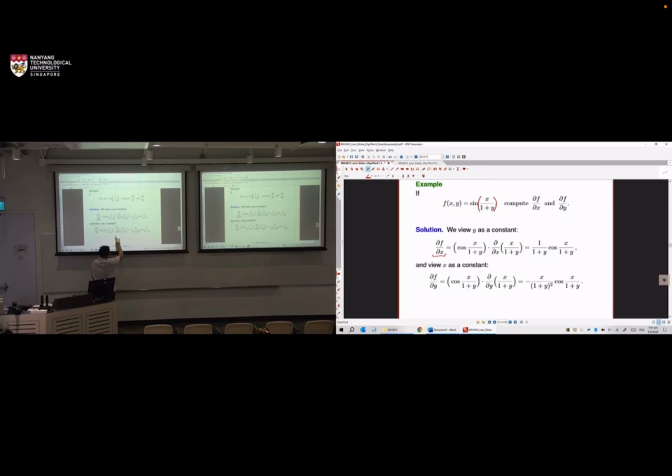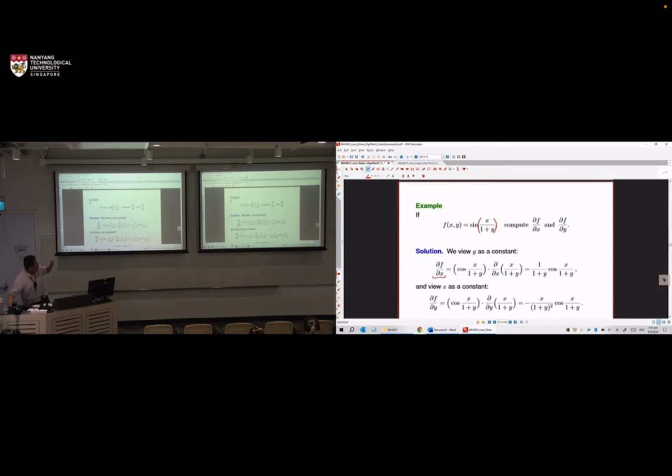I directly differentiate with respect to x. And now remember your chain rule from your Calculus 1. After I differentiate the sine to become cosine, I cover the cosine and I differentiate the inside here.